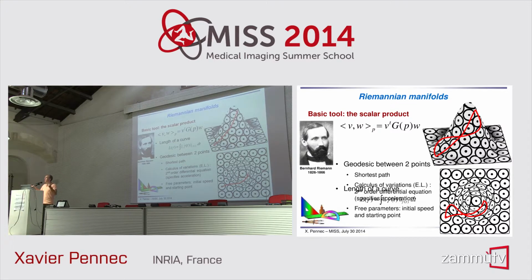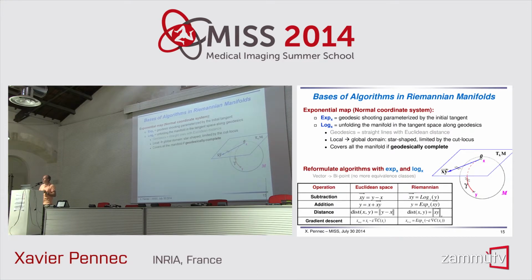So if we have a second-order differential equation, we will have the starting point as a free parameter and the starting velocity as another free parameter. So this is very important because it means that we can parameterize the geodesics by the initial starting point and the initial speed. And that is the basis of computing in manifolds.